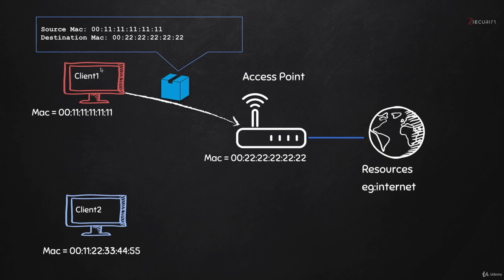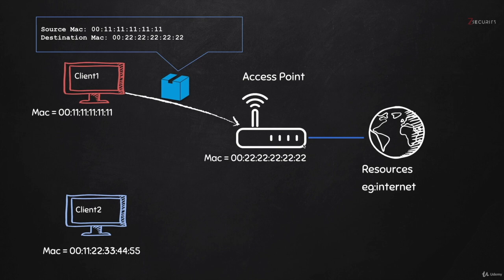If this client wanted to send a packet to the router, it would set the destination MAC to the router's MAC address. Therefore, by default, each device only receives data that has the destination MAC as its own MAC address.